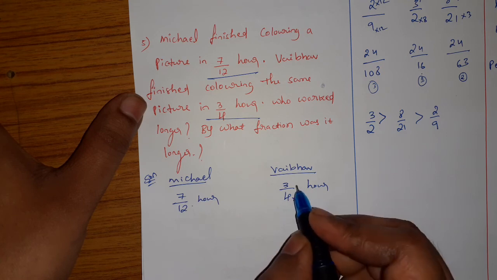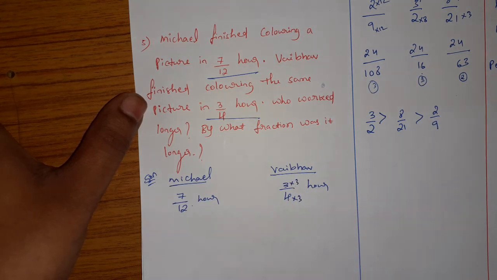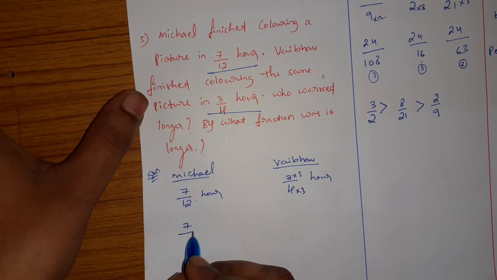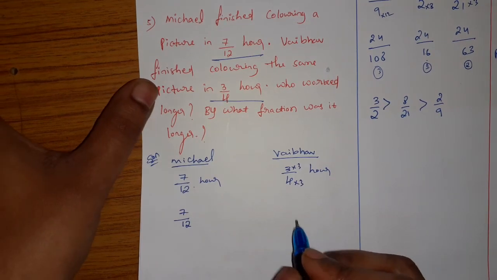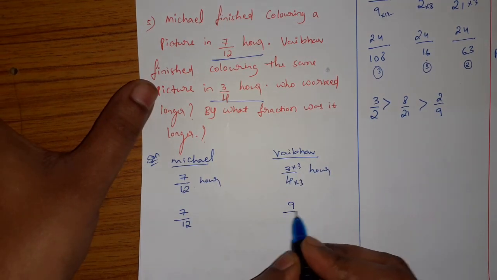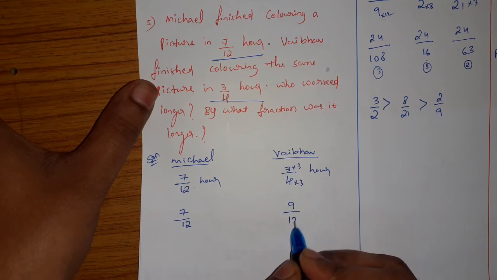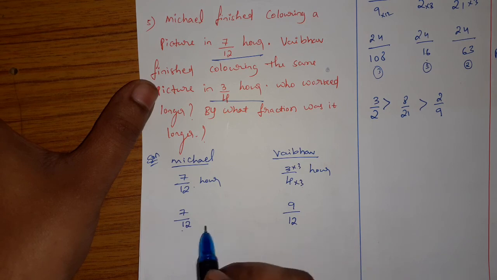So the first one stays 7 by 12, and here 3 3s are 9, 4 3s are 12. Now it is 12, and it is also 12.